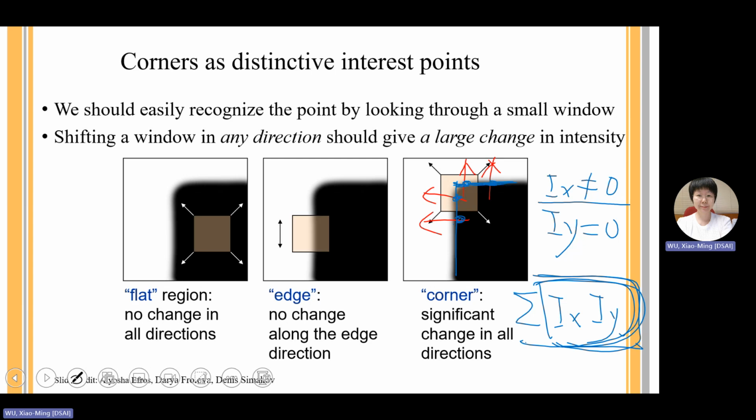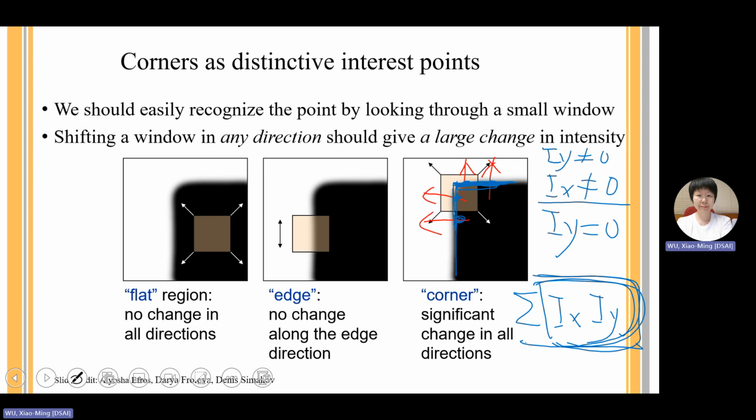For example, consider these points. Their y derivatives are non-zero, but they have 0 x derivative.